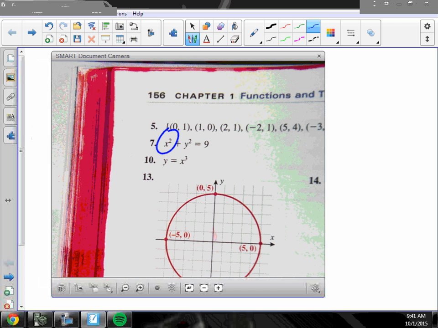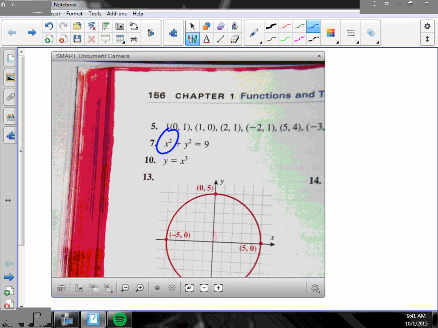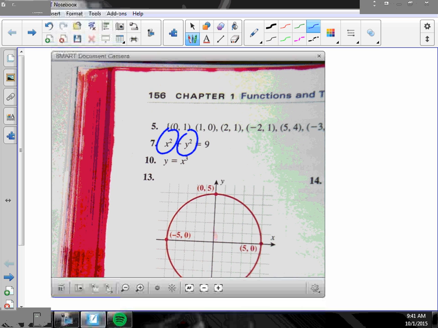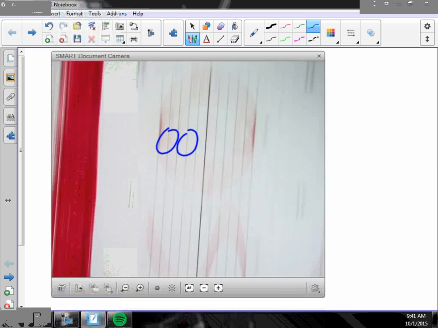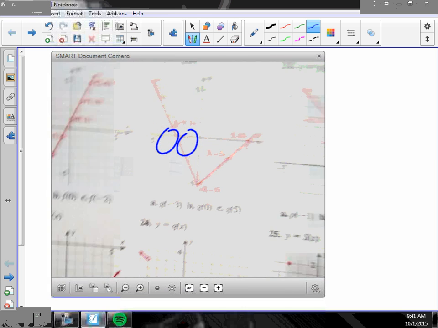This x squared allows for duplicate y values, and the y squared allows for duplicate x values. So the x squared is not a problem, but the y squared is.